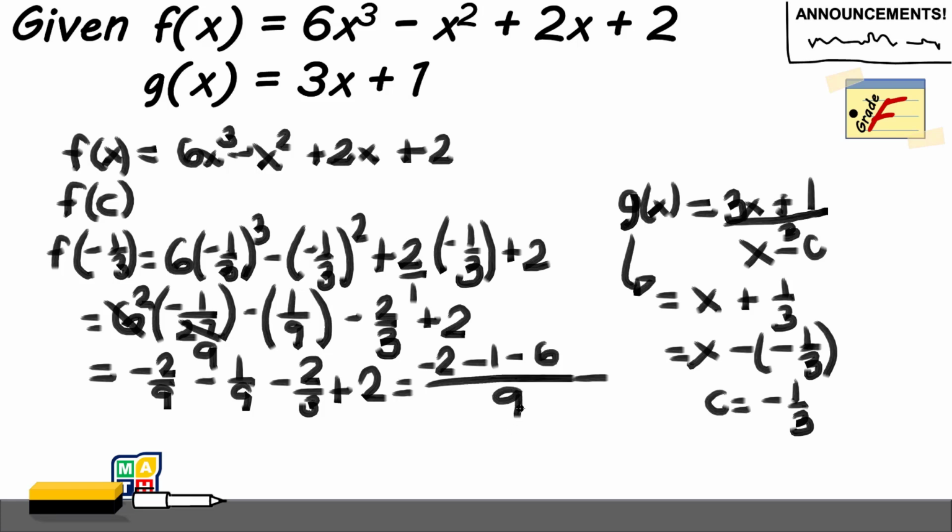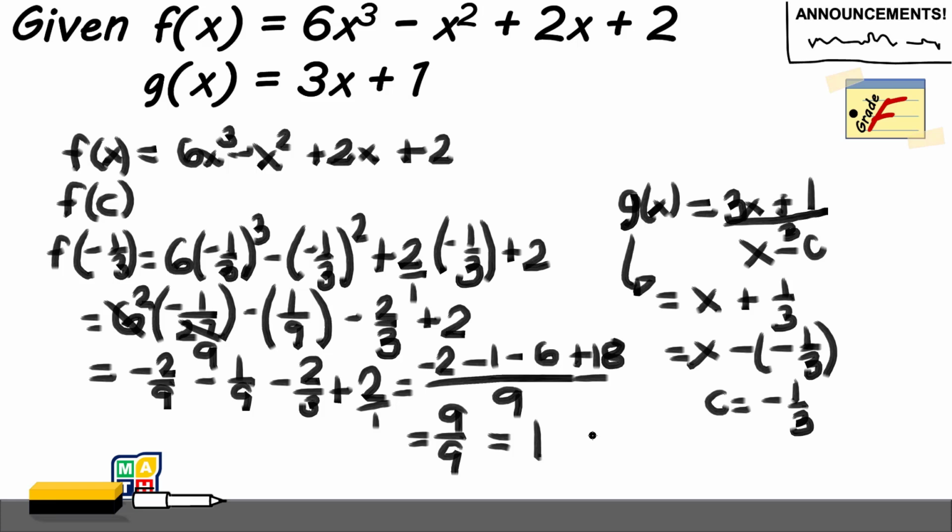And then 9 over 1, 9 divided by 1 is 9, times 2, we have positive 18. Look at the result of our numerator. Negative 2 minus 1 is negative 3, minus 6 is negative 9. Plus 18 is positive 9 over 9, which gives us a final result of 1.